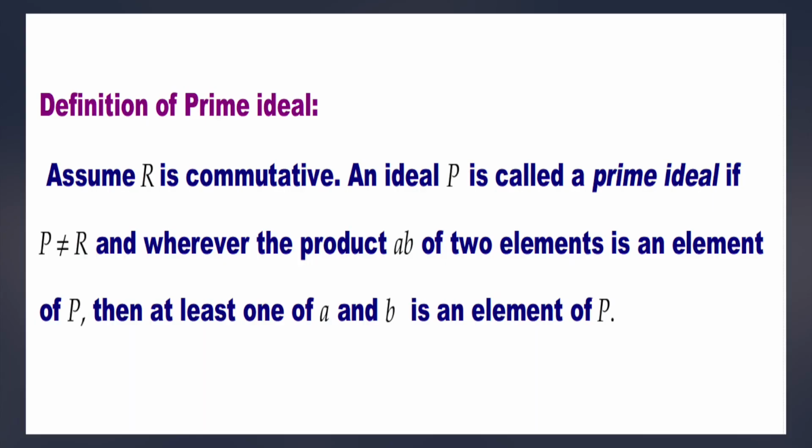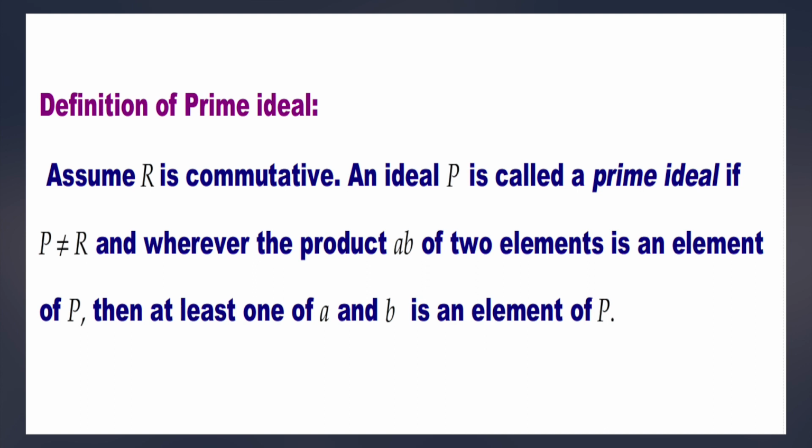The notion of a maximal ideal is fairly intuitive, but the definition of a prime ideal may seem a little strange. It is, however, a natural generalization of the notion of a prime in the integers Z. The definition is: assume R is commutative.